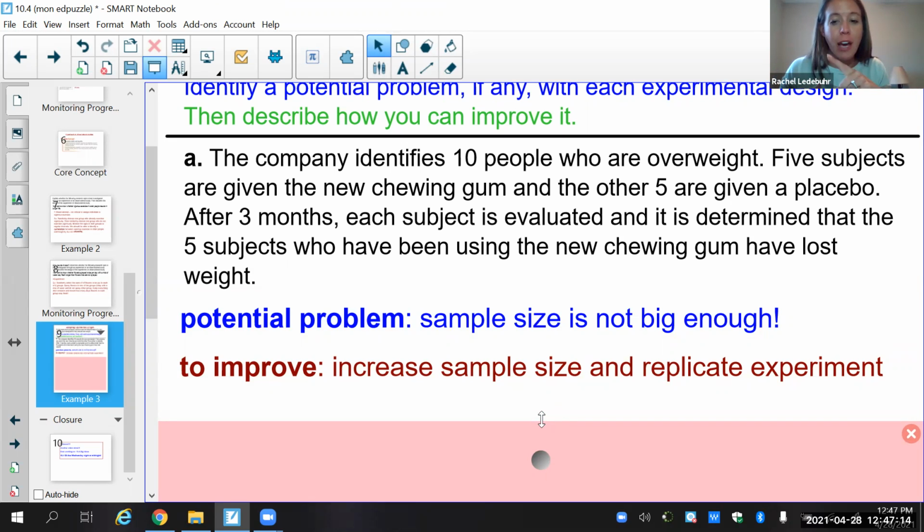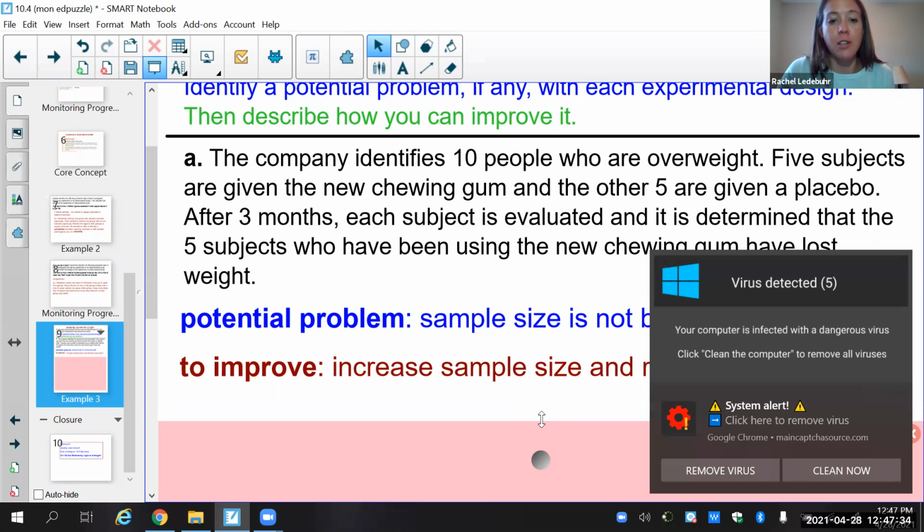That goes back to one of your vocab words, replication. It just means to repeat the experiment exactly how it was, just with more people, because everything else looks good. We are randomly selecting from the overweight population and then comparing the two.